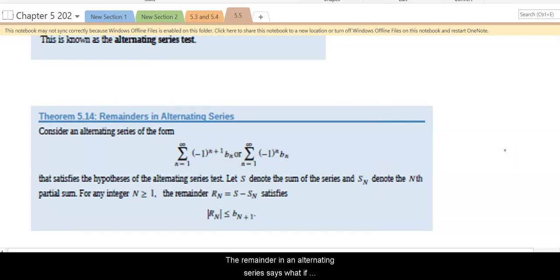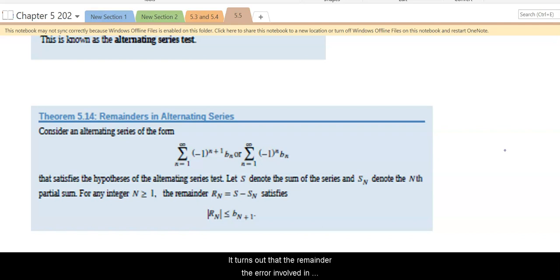The remainder in an alternating series says, what if I were to use the first n terms of the series to approximate the finite sum of a convergent infinite alternating series? What is the error involved in using that?